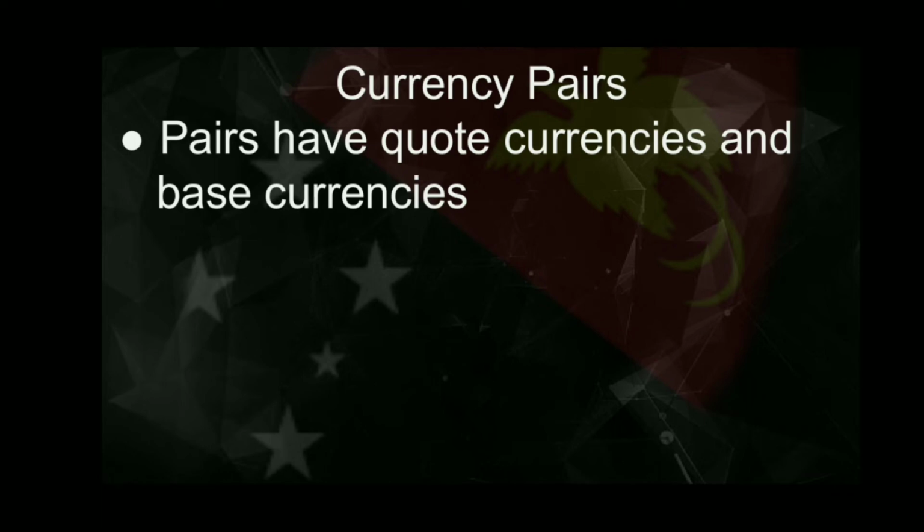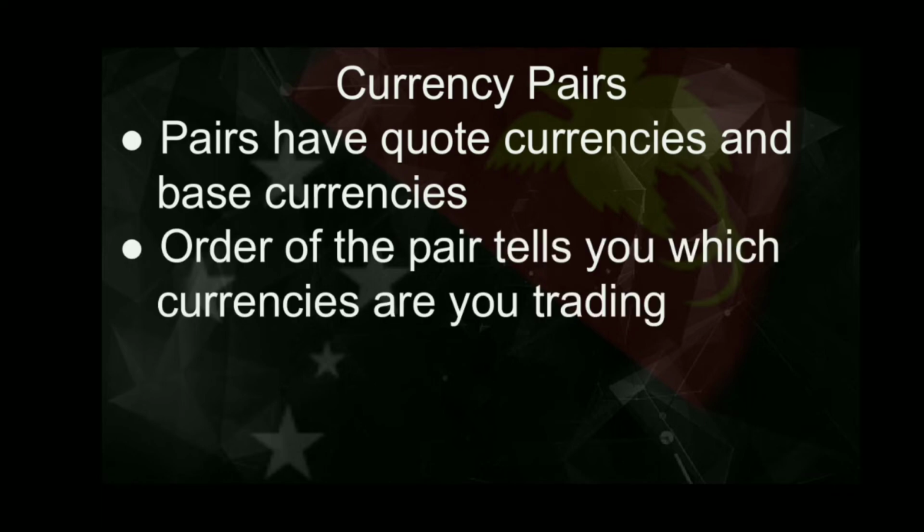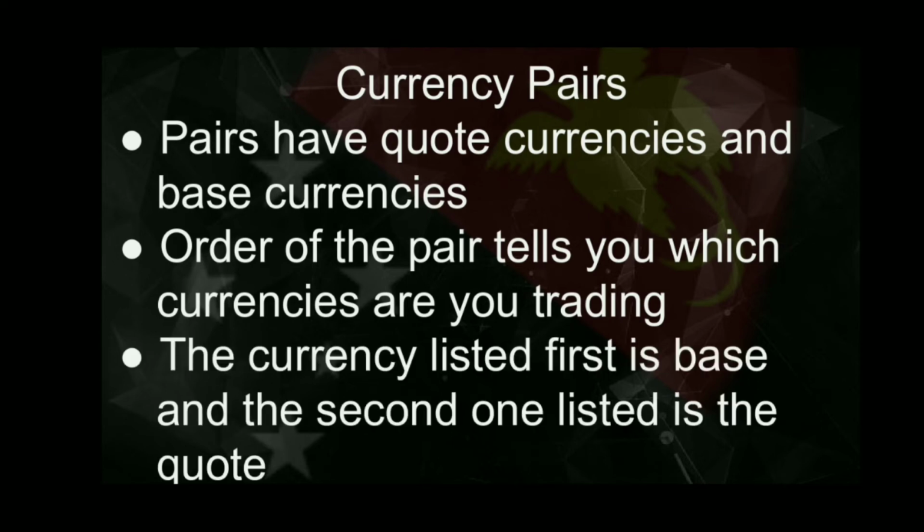Now get this. These pairs have quotes and base currencies. The order of the pairs is written in a specific way because the currency listed first is the base and the second is listed as the quote.